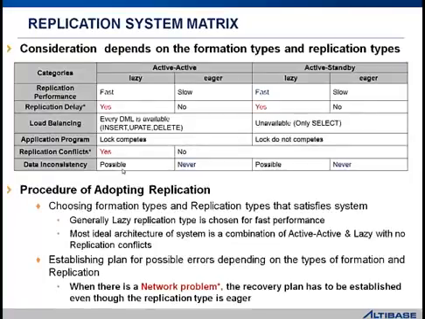Now we're going to summarize all the features by combining the replication types and formation types that we have just talked about so far. First of all, the replication performance is determined depending on the replication types rather than formation types. Whether it's active-active or active-standby, the replication performance is fast when the lazy type is used.